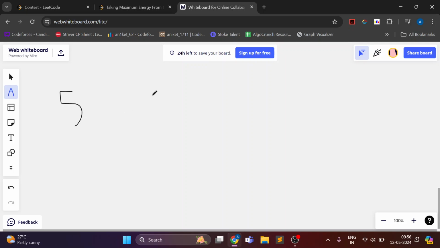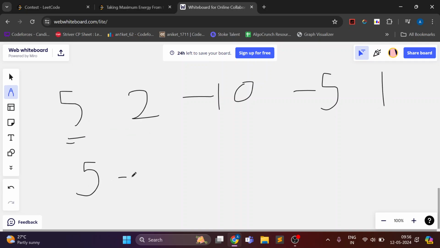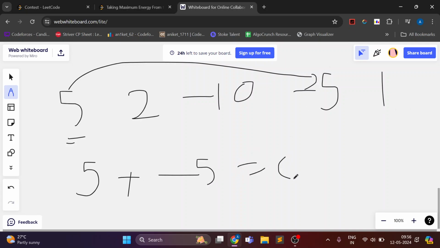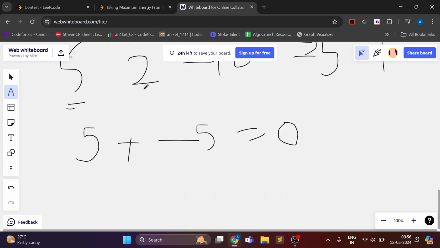For example, in the first case: 5, 2, minus 10, minus 5 and 1. If we start from this 5, I can jump to minus 5, and after that the array ends, so the answer here is 0.